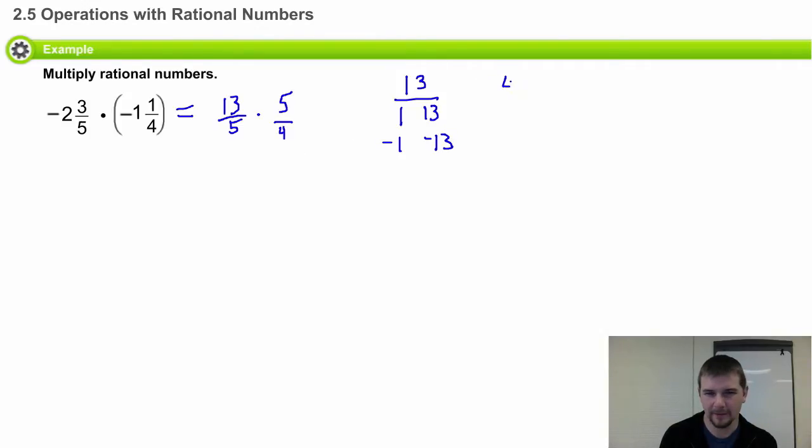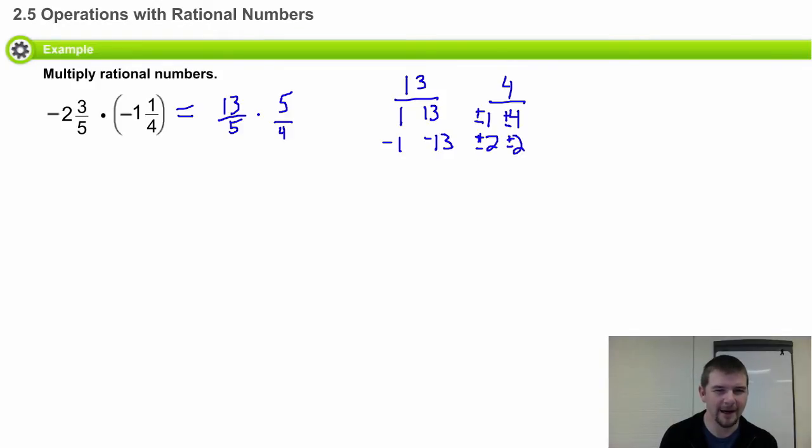4 is not prime. It has factors 1 and 4, 2 and 2, but then also the negatives of both of those. So maybe I'll be efficient here and write plus or minus 1 and plus or minus 4, and then plus or minus 2, plus or minus 2. See, that just represents both the positive and negative values of each of those numbers.